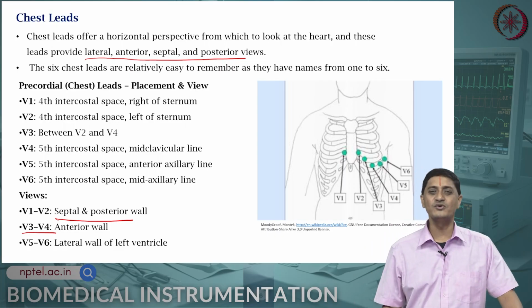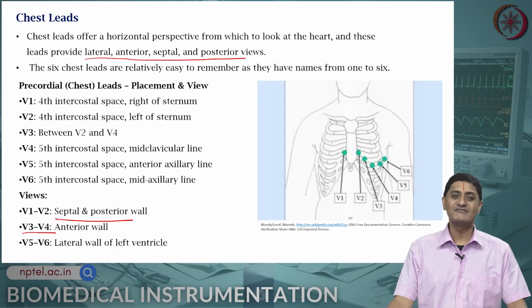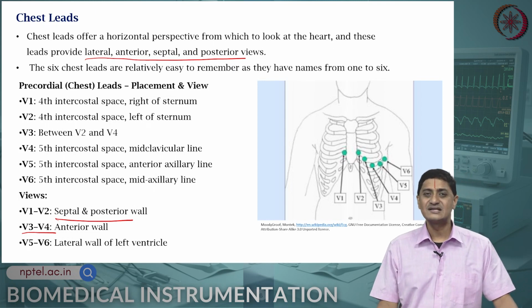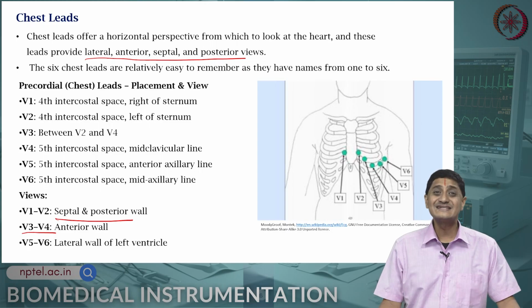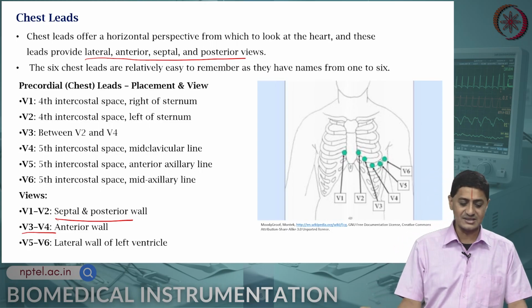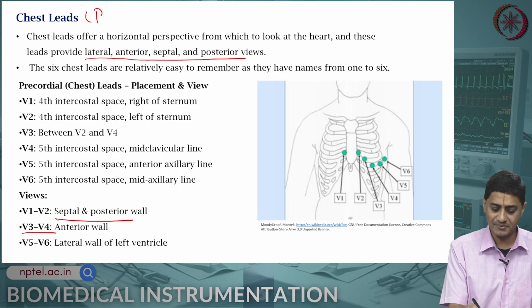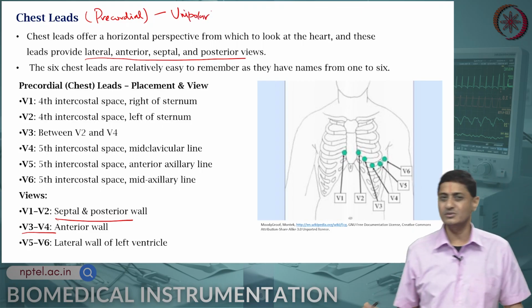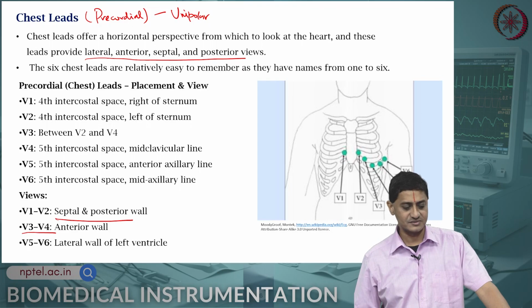These are the 6 unipolar chest leads, also called the precordial leads. They are unipolar and measured with respect to a reference point.